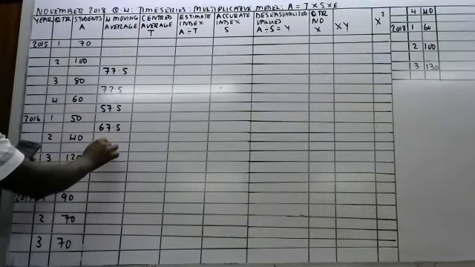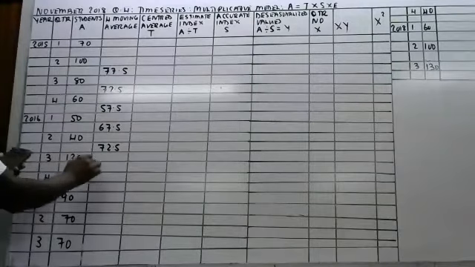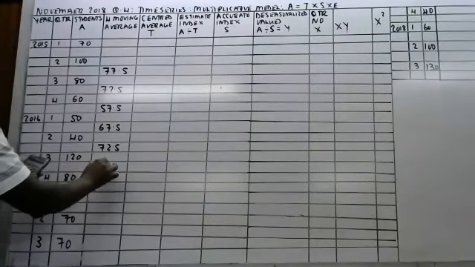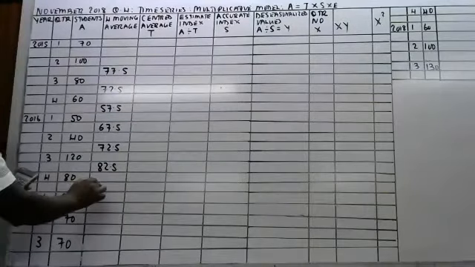Divide by 4 is 72.5. 40 plus 120 plus 80 plus 90. Divide by 4 is 82.5. Then 120 plus 80 plus 90 plus 70. Divide by 4 is 90.